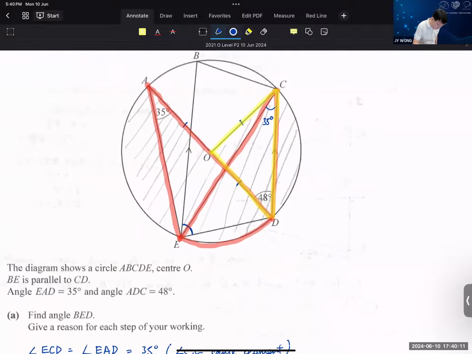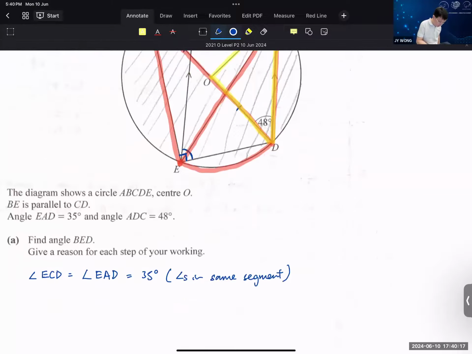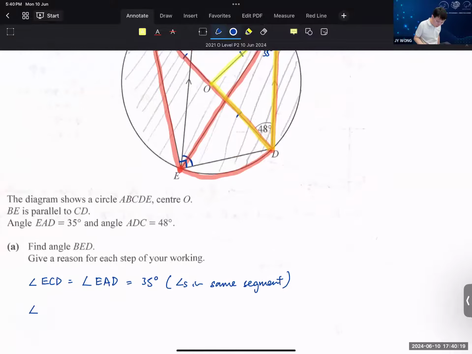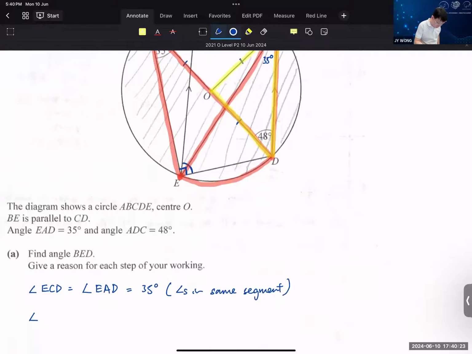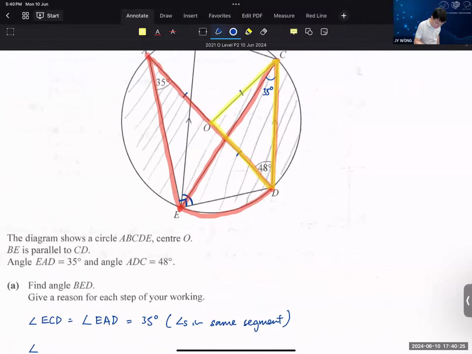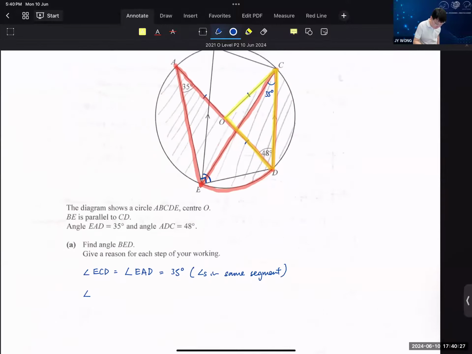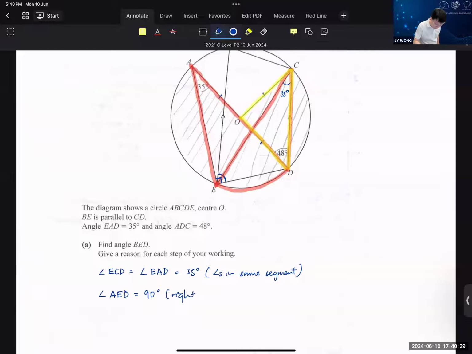So you will get this angle is a right angle. Write it down: angle AED equals 90 degrees, because right angle in semicircle.